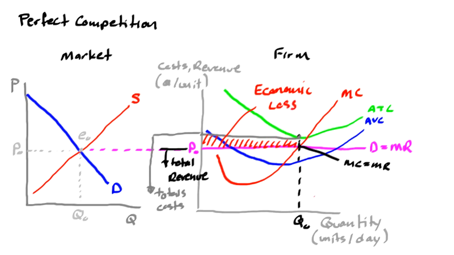Now, the firm will still produce. And the reason being is the price that they're getting, P0, is greater than the average variable cost. Because we see if we're going to produce Q0, the average variable cost is at this point here.